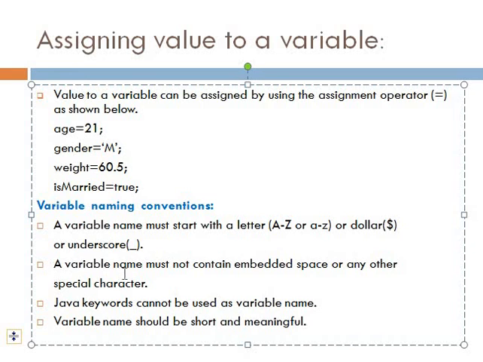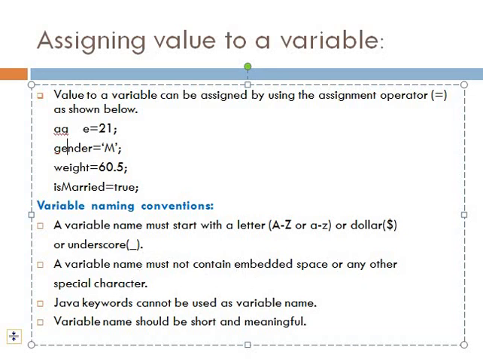The next point says a variable name must not contain embedded space or any other special character. Now embedded space means, see, this is a variable, okay, and its name is age. Now it shouldn't contain any embedded space like this. So this is not acceptable. This is not acceptable, okay. So don't put any embedded space like this. Or you should not contain any special character, okay.